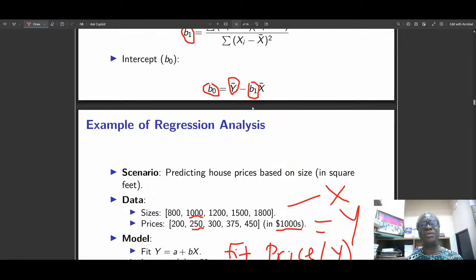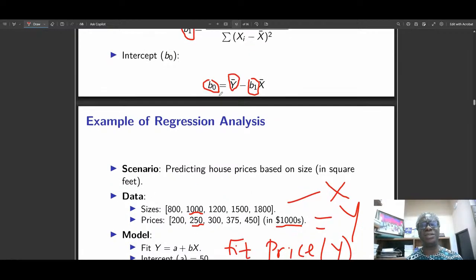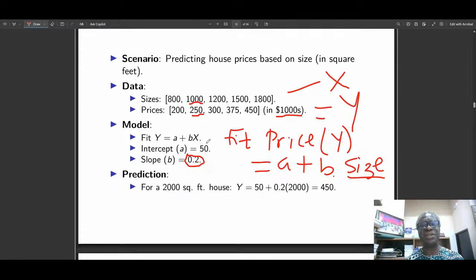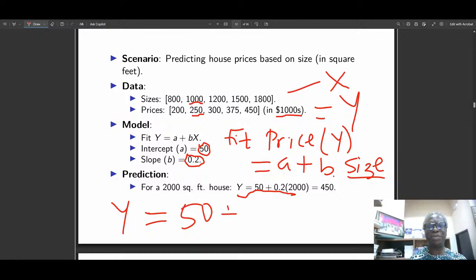And if you compute the A, which is the intercept, it is 50. And that is now substituted in the model. So which means the price, which is y, is equal to 50 plus 0.2x.